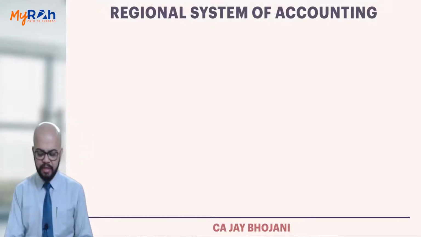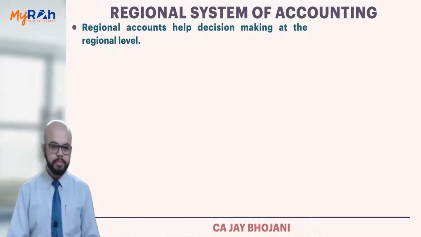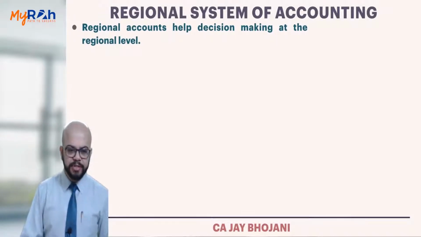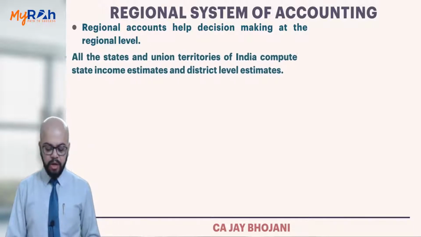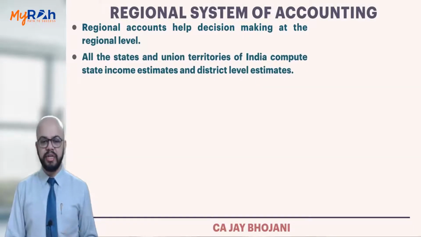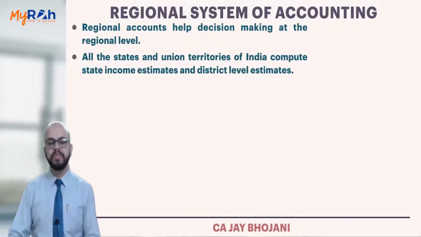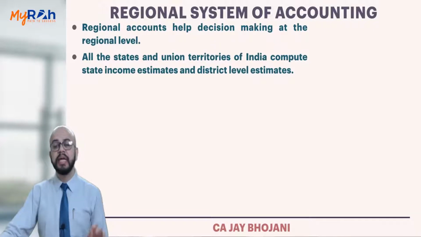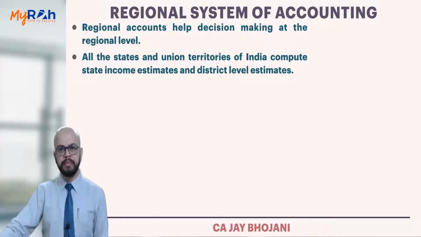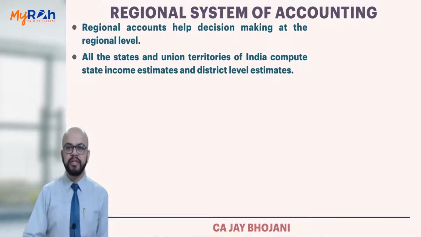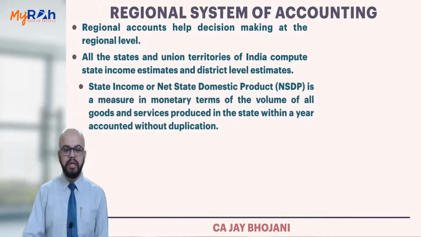Okay, let's see what it's about. The regional accounts help decision making at regional level. All the states and union territories of India compute state income estimates and district level estimates.